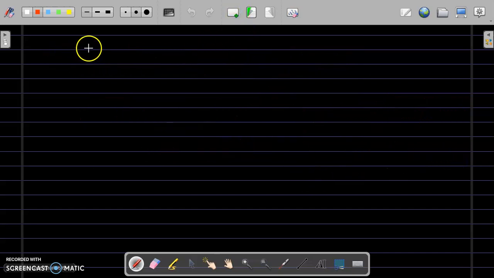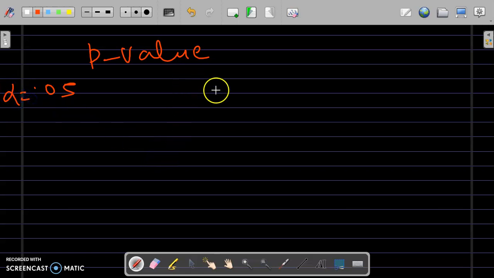And if we are using the p-value approach or significance value approach, we have to check, for example, if we are given the 0.05 level, alpha is 0.05, so whatever p-value we calculate should be less than this. So what will be the decision making criteria?